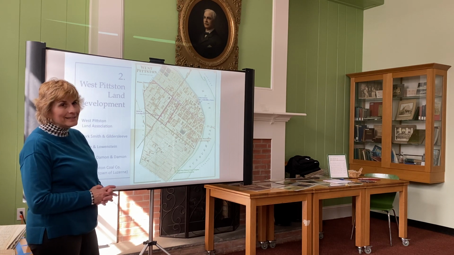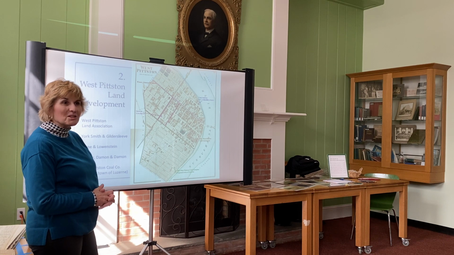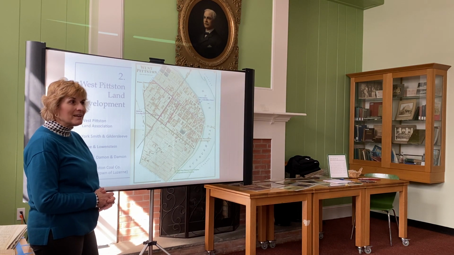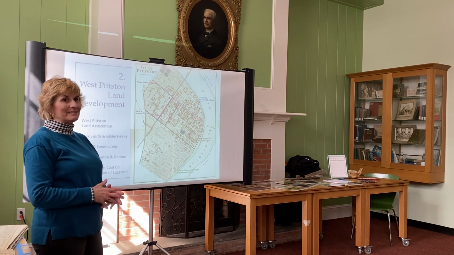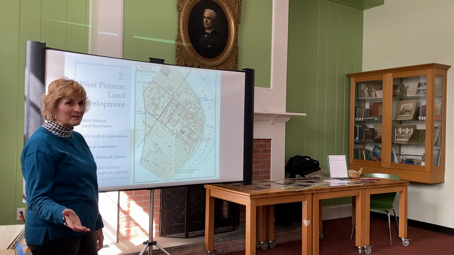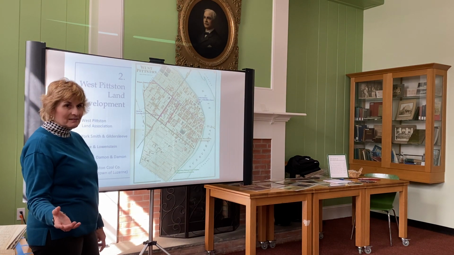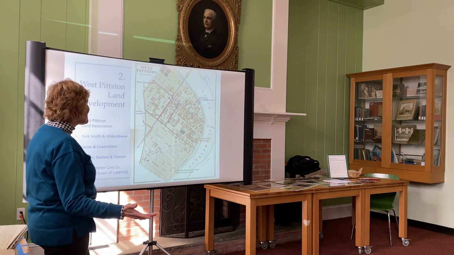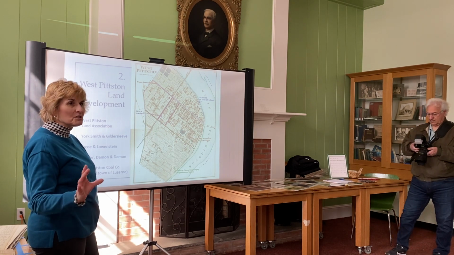In the early 1850s, there wasn't much in the land that was West Pittston. At that point, it was known as Exeter Township, and most of the activity was over in Pittston. People lived in Pittston, people worked in Pittston. There was a group of Pittston businessmen, and by the way, there was no bridge. They purchased Peter Poland's farm.